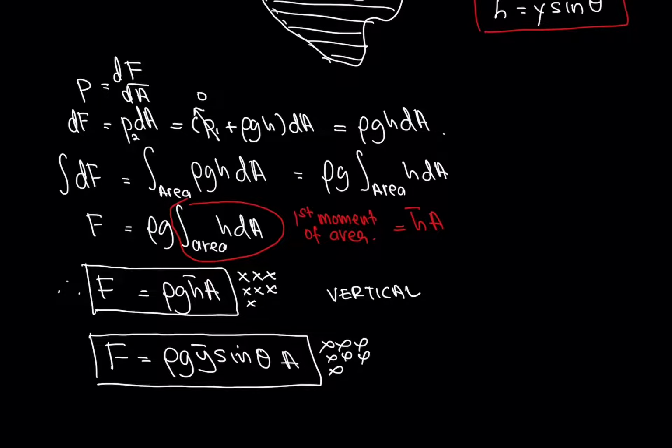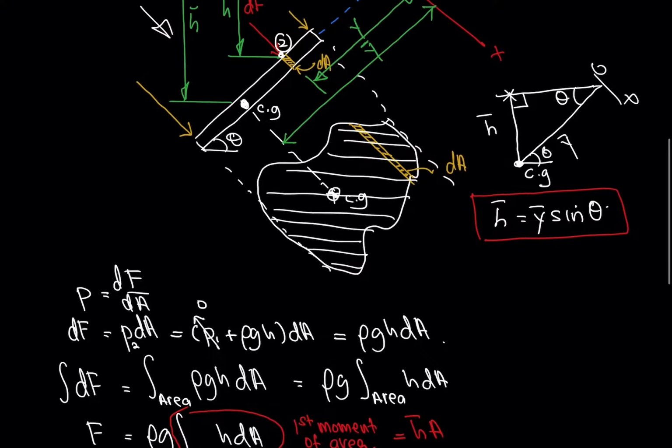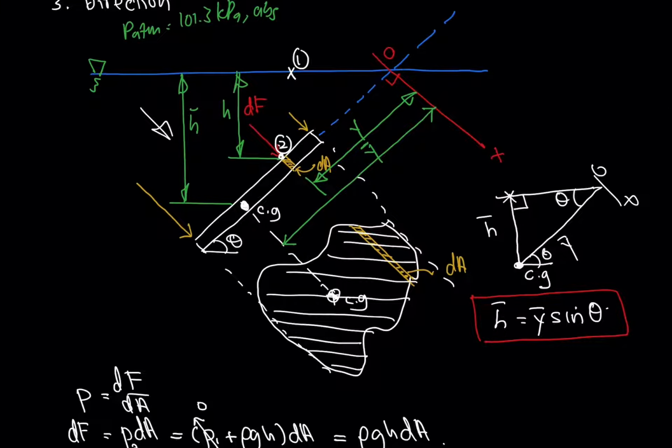Once again, you can memorize this equation, but you must understand what is the h bar. H bar is from the center of gravity of a submerged surface measured vertically to the free surface, and y bar is the distance from the center of gravity of a submerged surface to the line OX. How do you create the line OX?